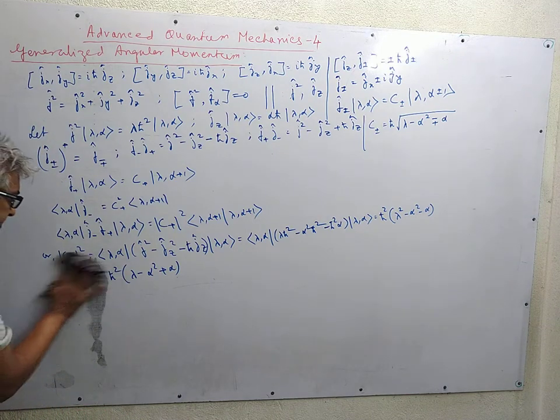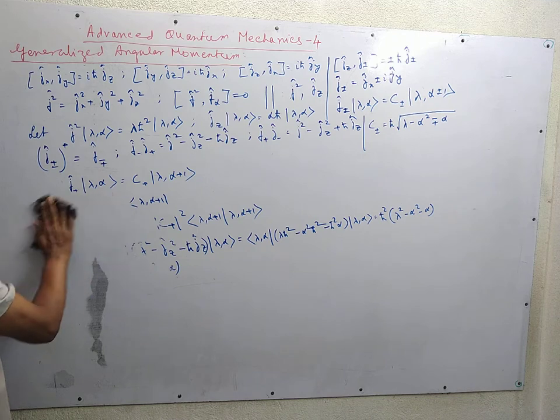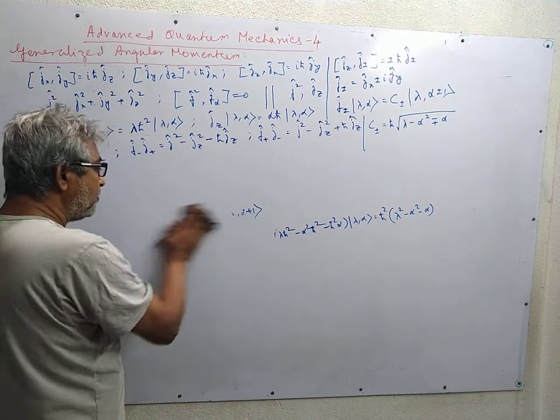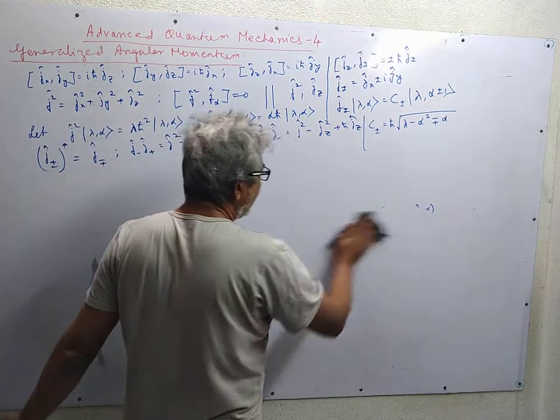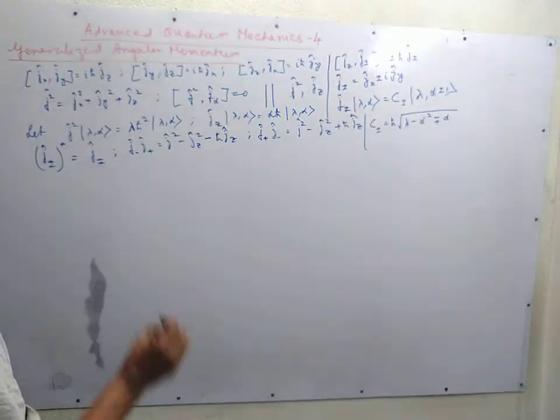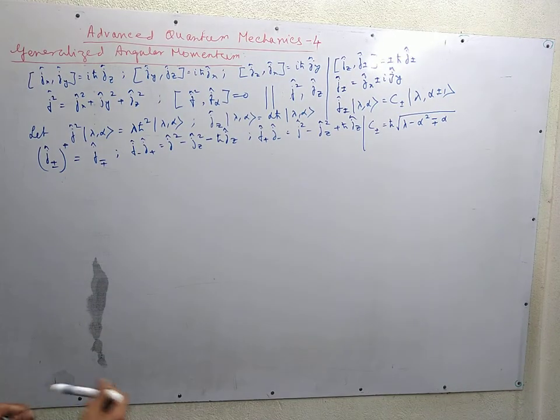So far we have found that the alpha value, that is the eigenvalue of the Jz operator, changes by unity. That much we have obtained. Still we haven't found any relation between lambda and alpha.